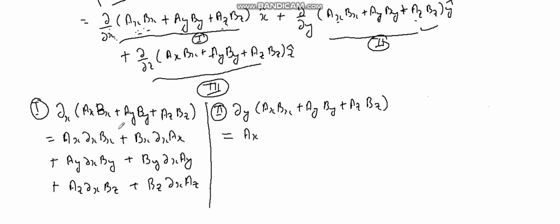So these two are similar, but the only thing is that this del is with respect to x, and here it is with respect to y. So we just have to replace del x by del y, and we'll get the expansion of the second term.